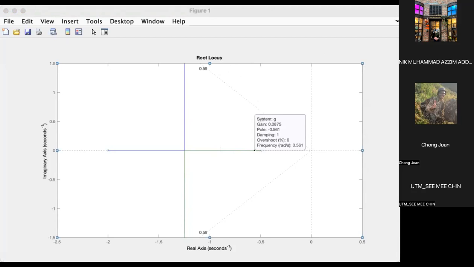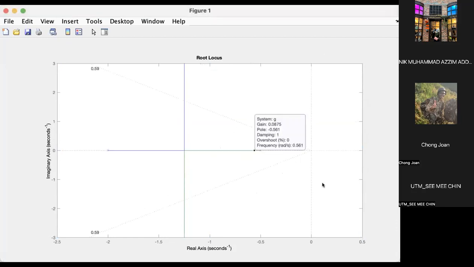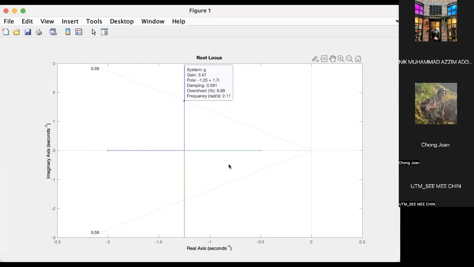Choose maybe 3 and 3. Okay, can you see? 0.59, okay.